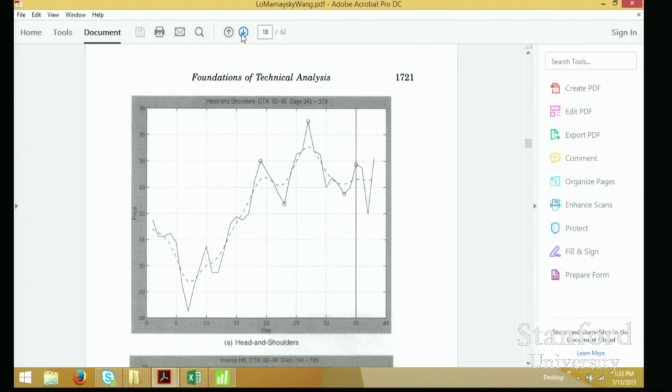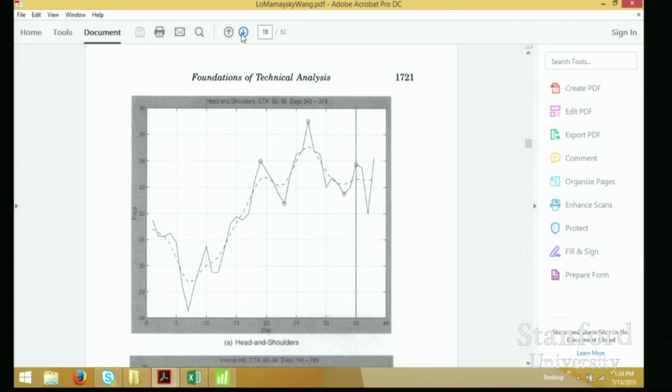So this is the sort of graph they have. They identify a number of patterns based on this graph. The one they call head and shoulders is like shoulders and then head and then shoulders. So the pattern is supposed to repeat over time. That's the idea here.